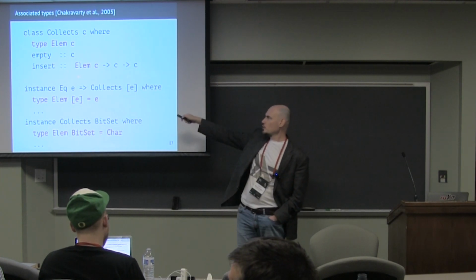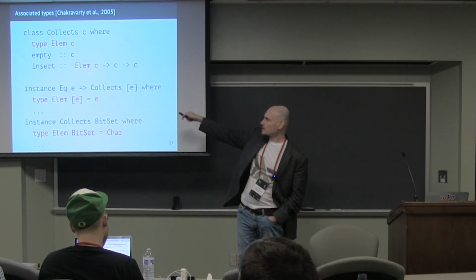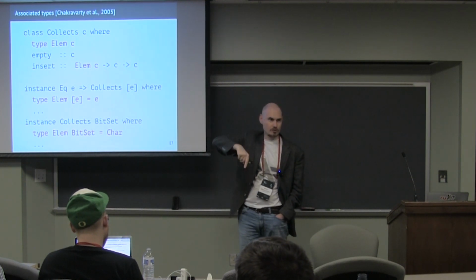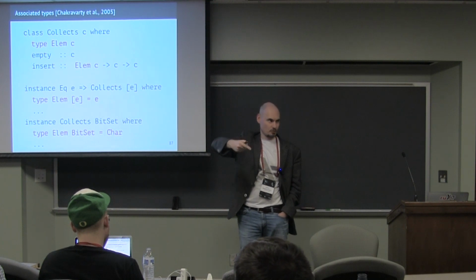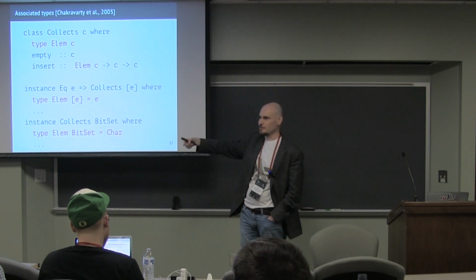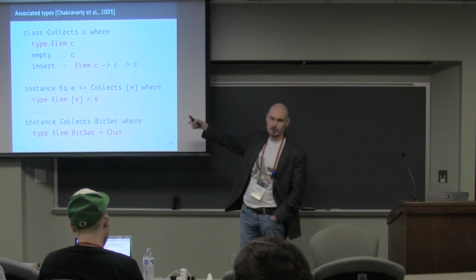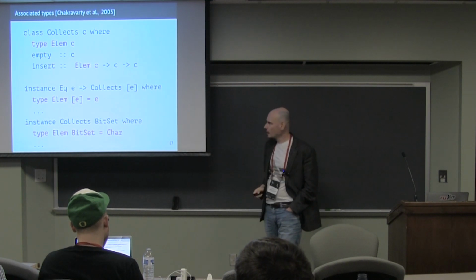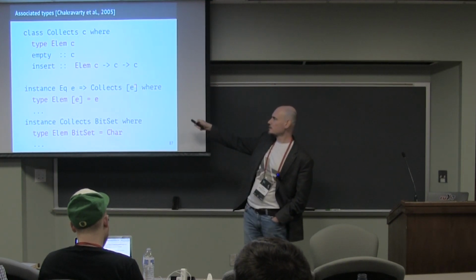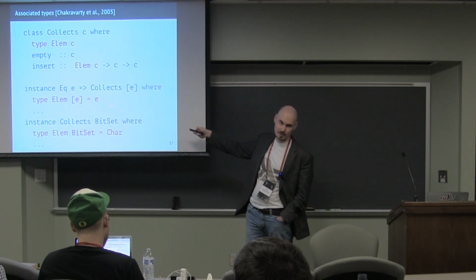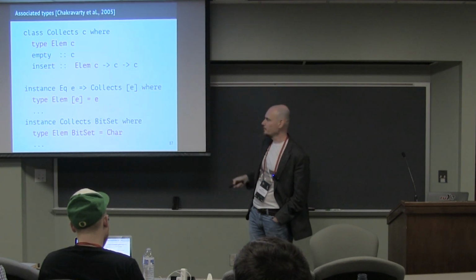And then for inserting things, for example, you have to provide a value of a type which can be inserted into this collection. It should be the type of the elements of this collection, and you cannot insert something different. For example, if you have this collection as a list of E, then the type of elements will be E, naturally.